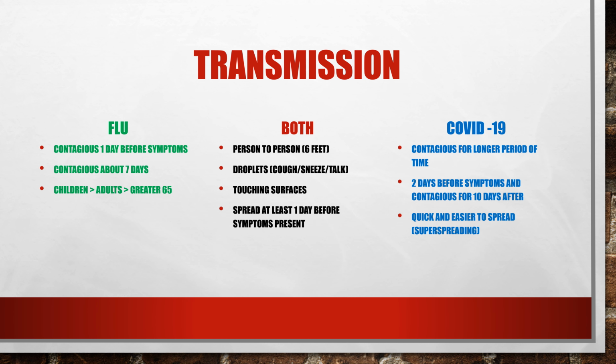For the similarities, both of these viruses are transmitted from person to person, which is why 6 feet of distancing is important. It allows for space in order to prevent transmission of both of these viruses. Both of these are spread by droplets.